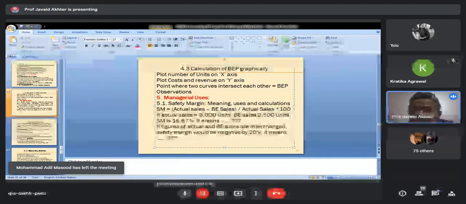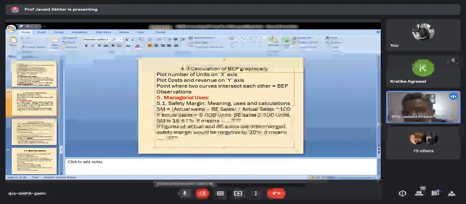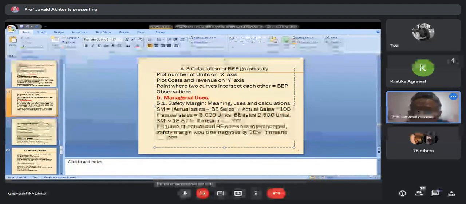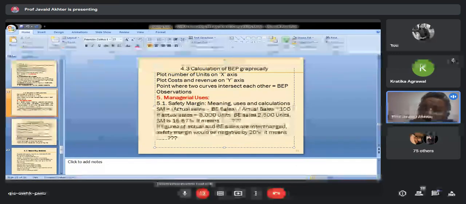So the safety margin is the level to which the firm is safe, and the firm should ensure that in order to avoid losses, the sales level should not go down below the safety margin. Is this clear? Can you repeat once again? Yes, sir, I'll repeat it. Suppose safety margin is 20%, theoretically.